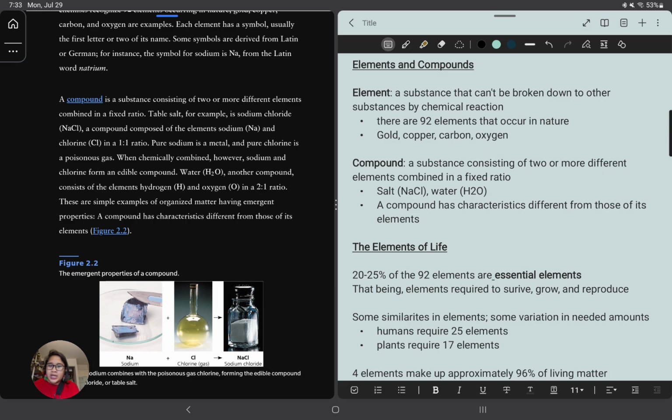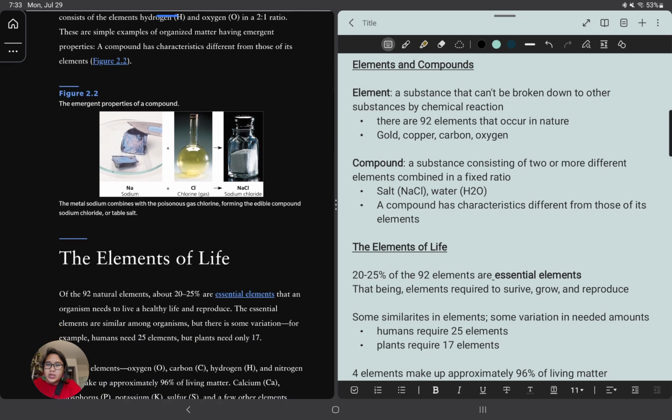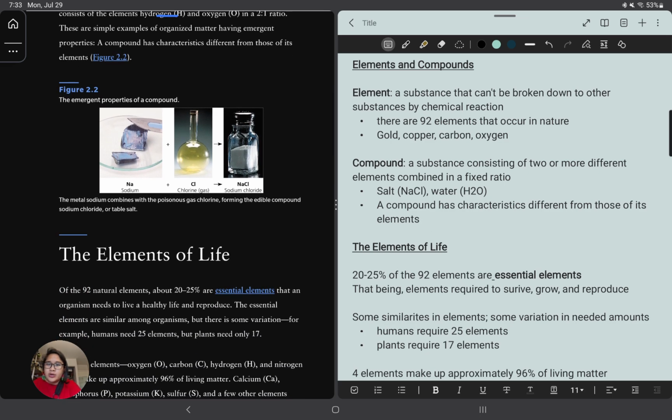When chemically combined, however, sodium and chlorine form an edible compound. Water, another compound, consists of the elements hydrogen and oxygen in a 2-to-1 ratio. These are examples of organized matter living in emergent properties. A compound has characteristics different from those of its elements.